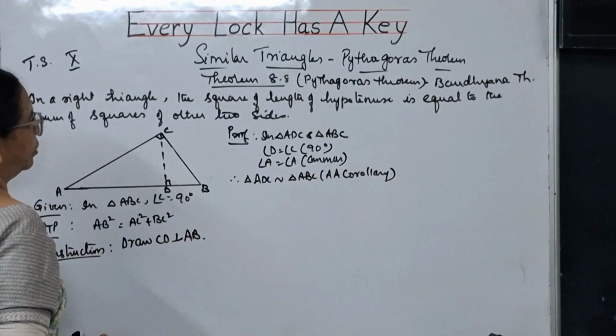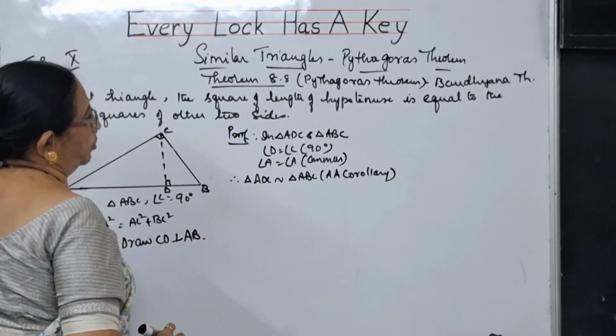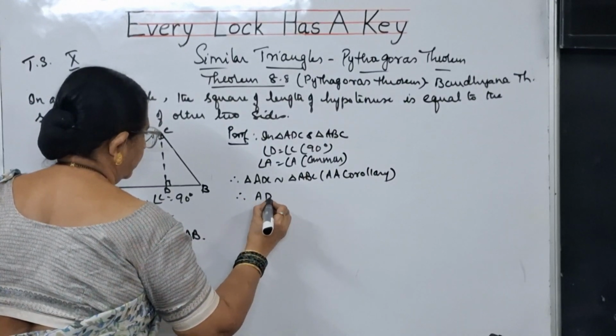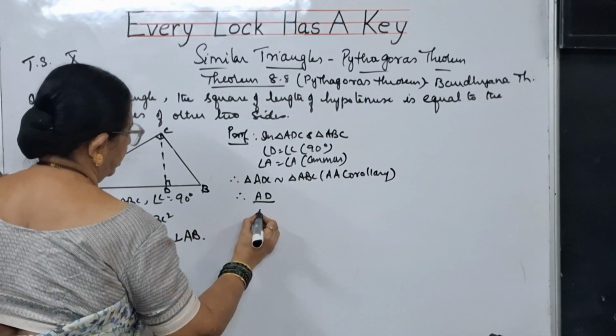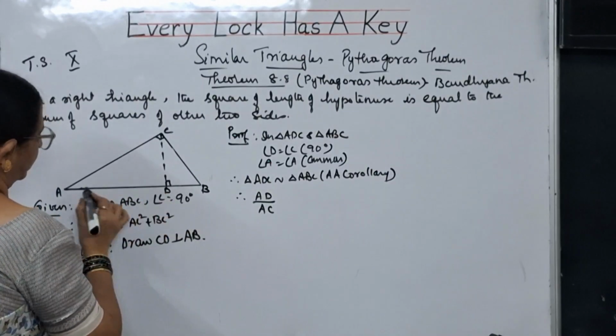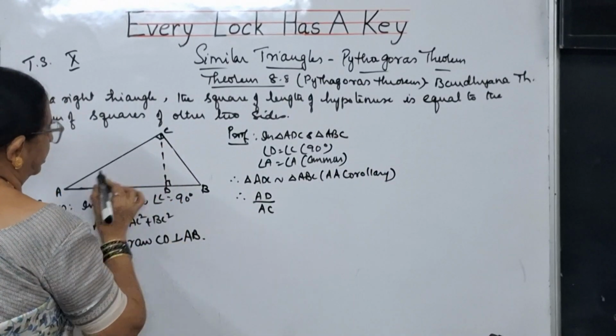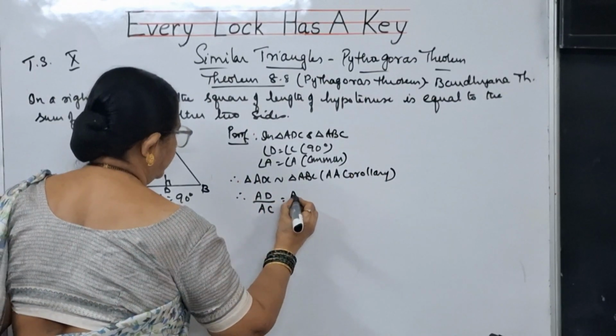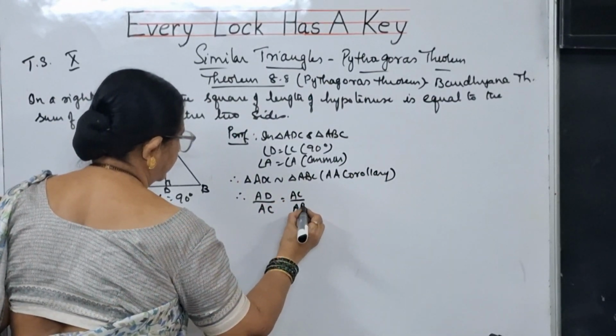Now, when two triangles are similar, their corresponding sides are proportional. Therefore, AD by AC, AD is the side of the small triangle, AC is the side of the big triangle, is equal to AC by AB.